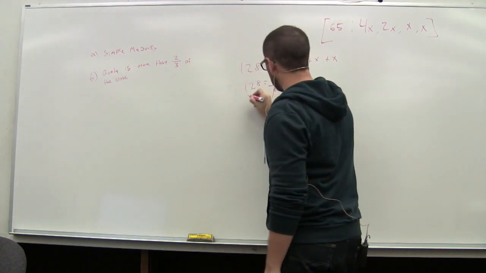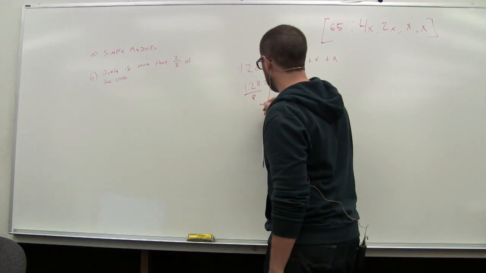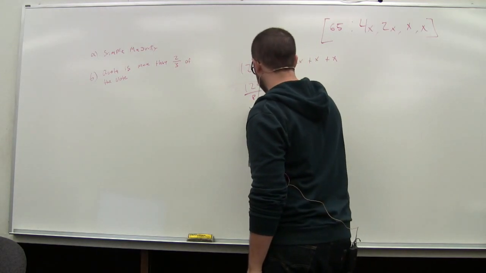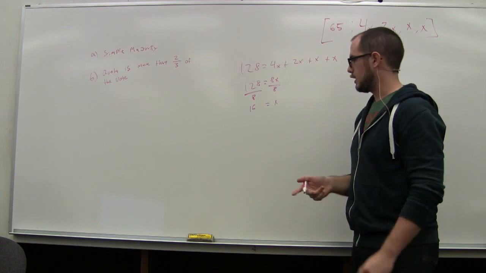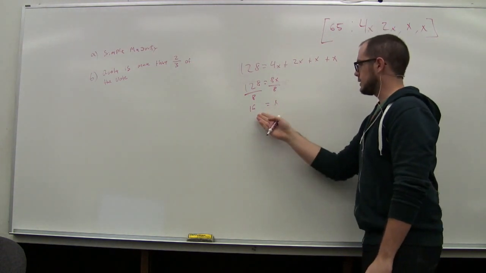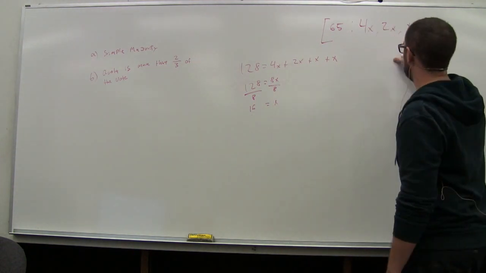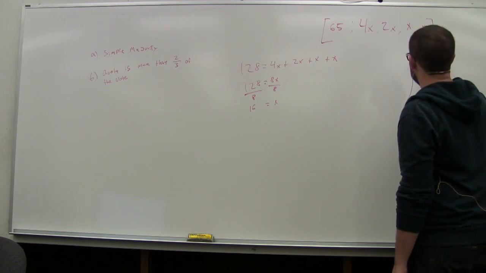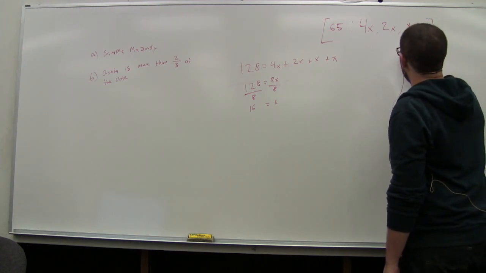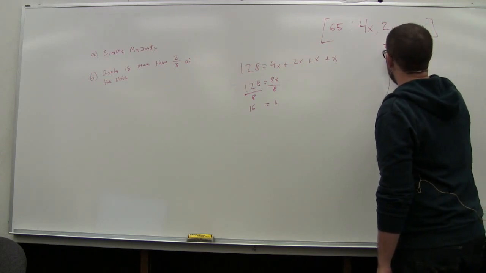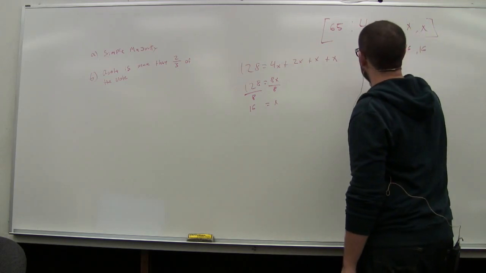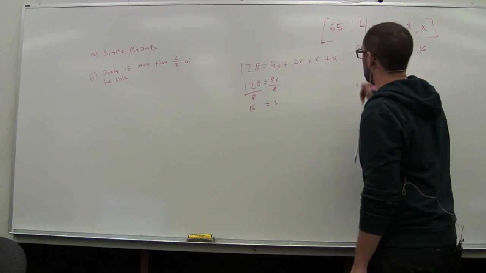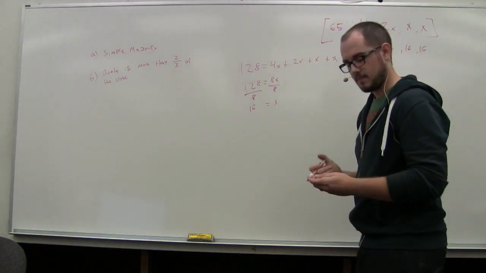We divide by 8 on both sides, and we get x equals 16. Now we know that x is 16, so we can plug it back into our weights up here. Player 4 has a weight of 16, as does player 3, and then player 2 would have a weight of 32, and player 1 would have a weight of 64. So that would be our answer for part A.